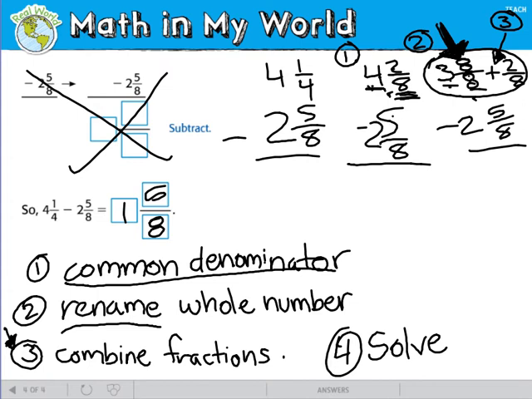So if our common denominators in this case are 8, see, we changed the common denominators, we have 8s. That means we're going to take 4, we're going to reduce the 4 by 1 whole, which is 3. The one whole will be 8 over 8. If our common denominators were 4, it would be 4 over 4. Okay?